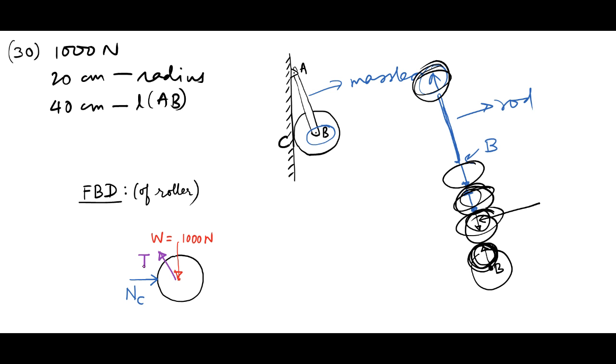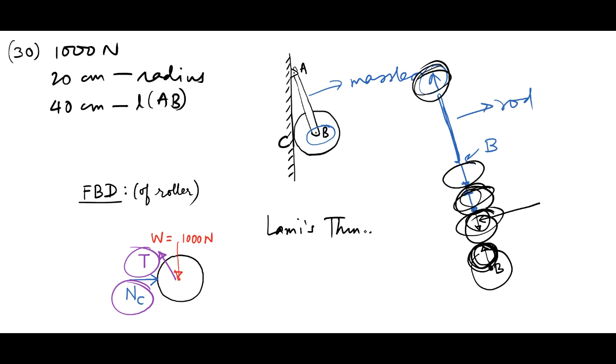And now we have drawn all the forces on the roller. There are only three forces, and out of them we do not know the magnitudes of two of them, this one and this one, and everything else is known. The roller is in equilibrium, so we can apply, and we will apply, Lami's theorem to find the unknown forces.